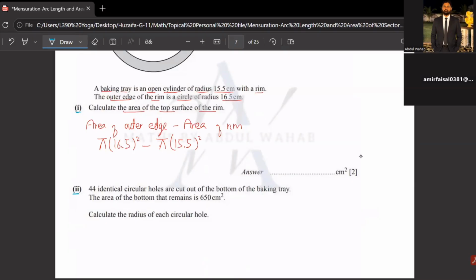Sir, wait a minute. Make sure you do not write 22 upon 7 or 3.142. Just use the button of pi which is present in your calculator.